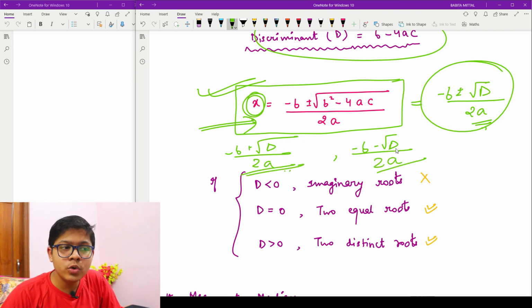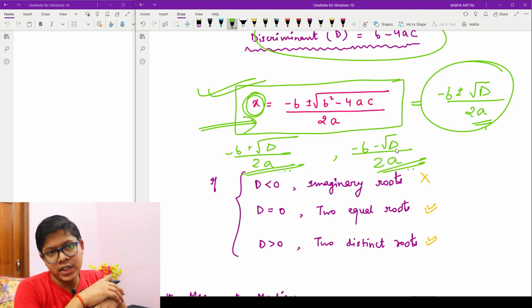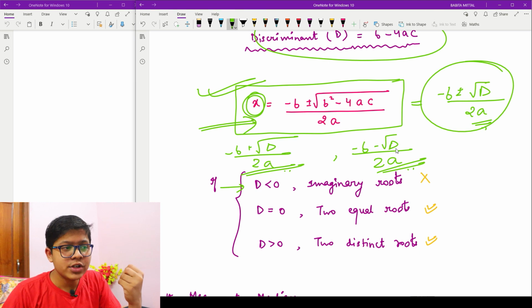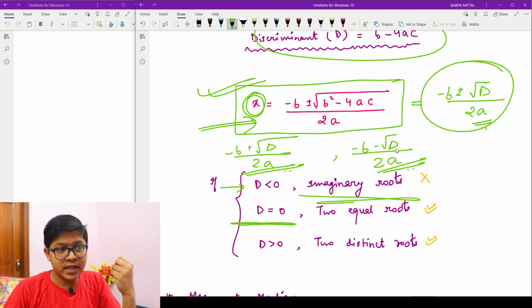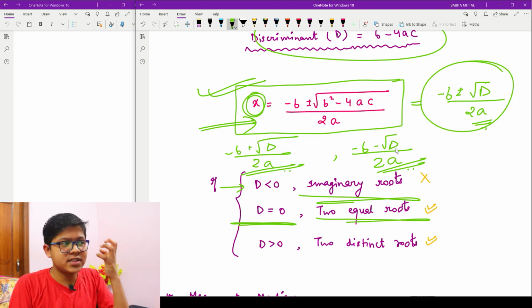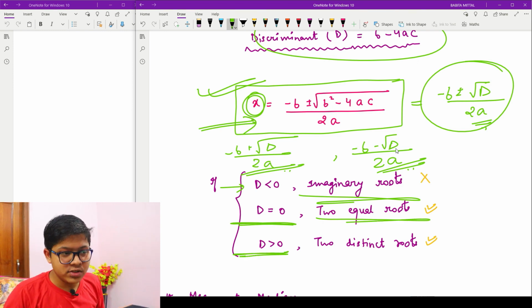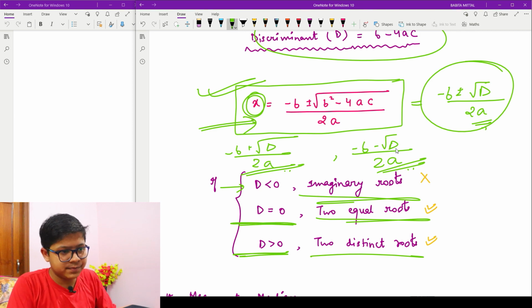These are the 2 roots of my quadratic equation. Now you can clearly see that if my d comes out to be less than 0, my roots will be imaginary. If my d is equal to 0, then my roots are equal. If my d is more than 0, it will be 2 different roots.